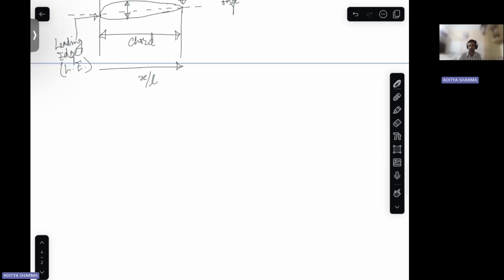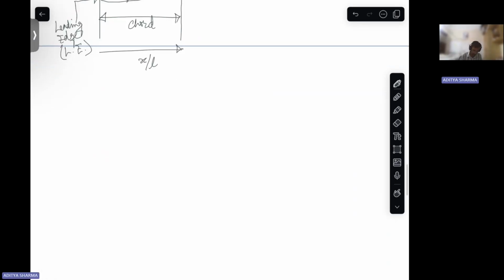Camber basically is, if we have an airfoil, let's say this is the airfoil.